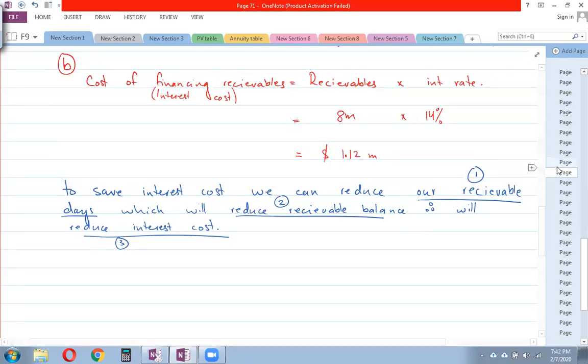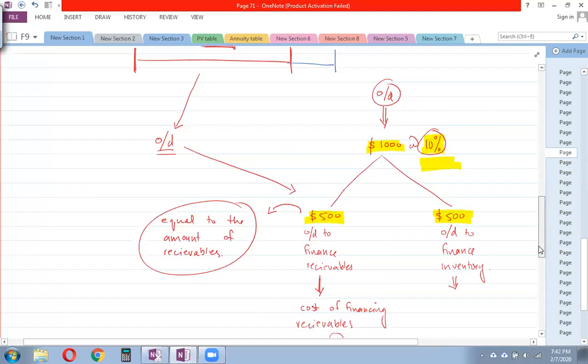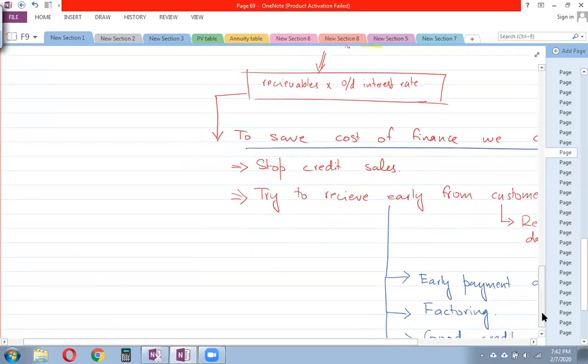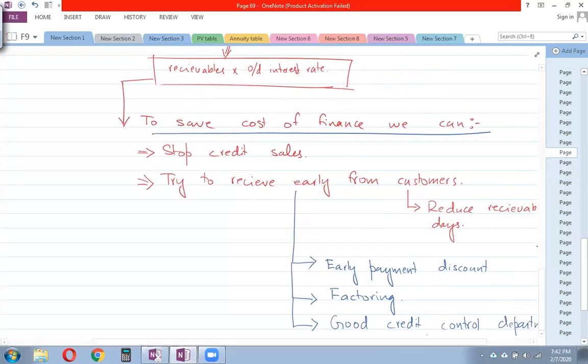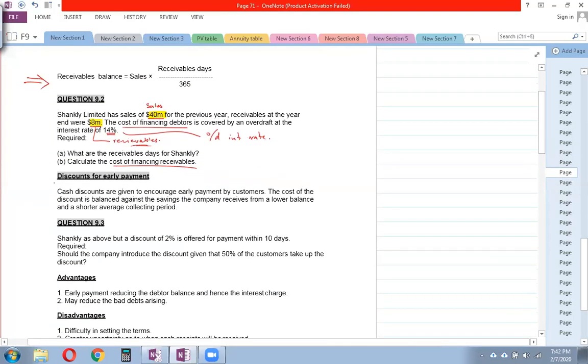You guys actually suggested that if you want to reduce your receivable days, there are different ways of doing it. You could stop credit sales, or offer an early payment discount, or factoring, or have a tight credit control department, right? So there are different things that we can do. We'll start with the first one, which is the early payment discount.